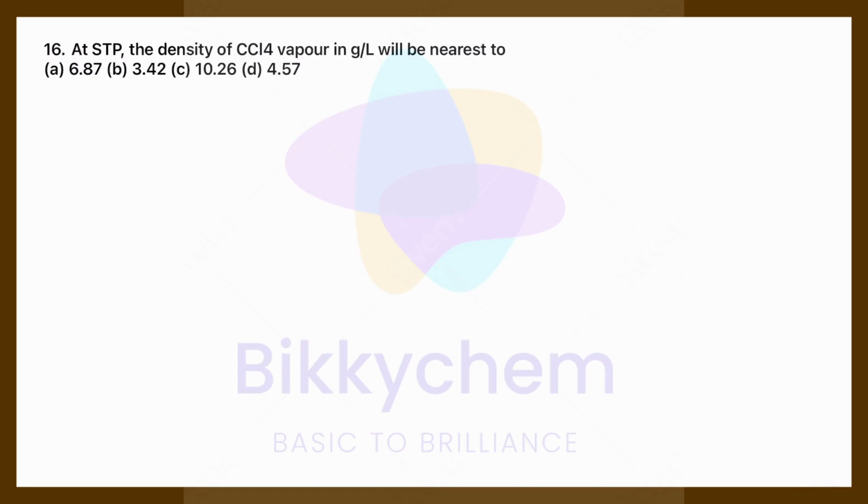At STP, density of CCl4 vapor in g per L will be nearest to what? And this one is a very easy question. Let's see the question. We know that 1 mole of CCl4 is 154 gram and 22.4 liter.